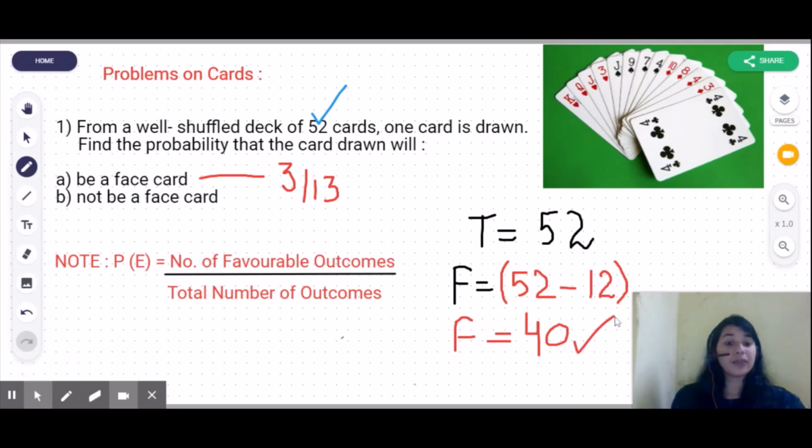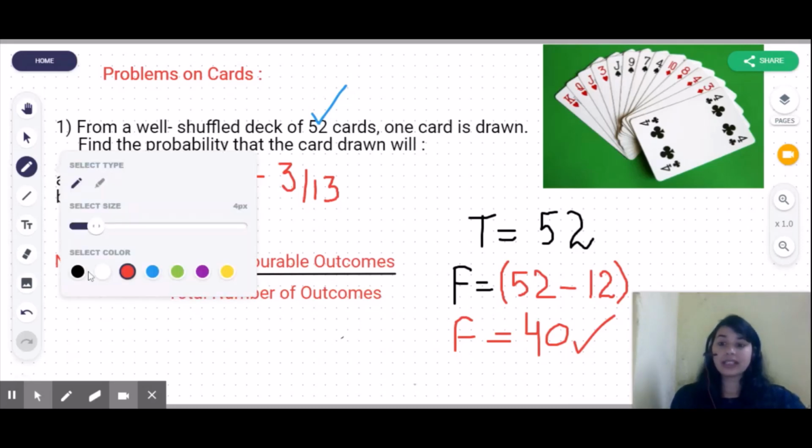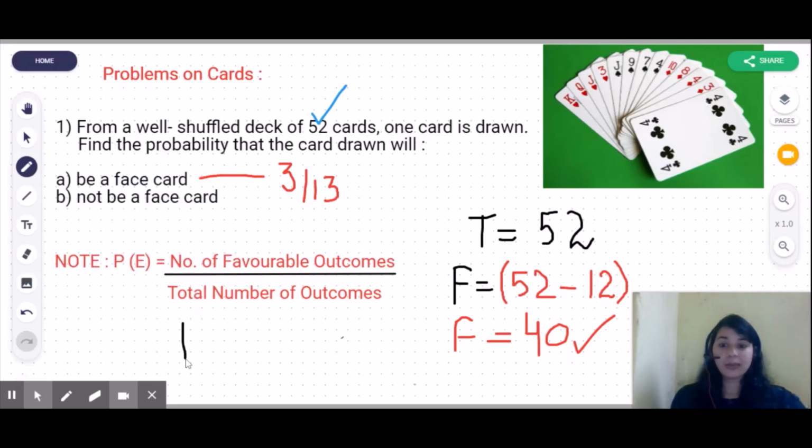So what are our favorable outcomes? It is 40. So let us once again very quickly substitute them in the formula. So now probability of event, and here what is your event? Here your event is not a face card. So just put it in the formula. It is going to be 40 by 52. Again, you have to remember, you always have to convert it into the lowest form.